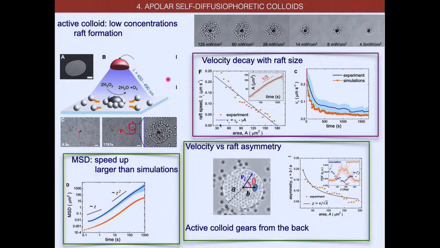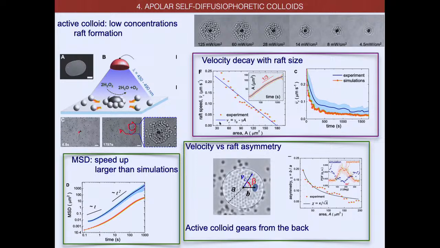In the same experiments, they also work in cases where the concentration of the active particles was very small. And in those conditions, they could focus on individual clusters. So here you see the cluster, and this is an example of a different power.